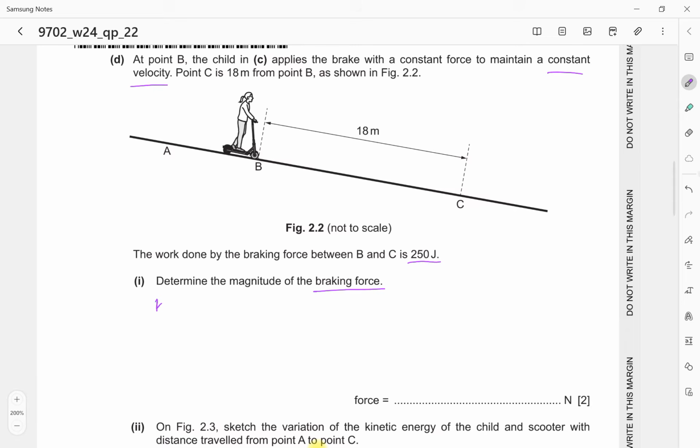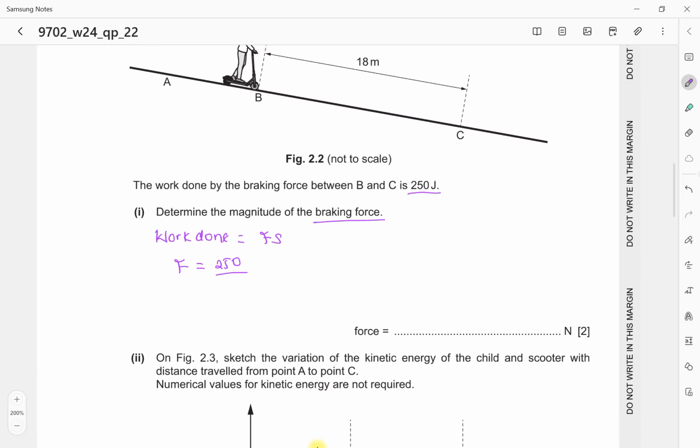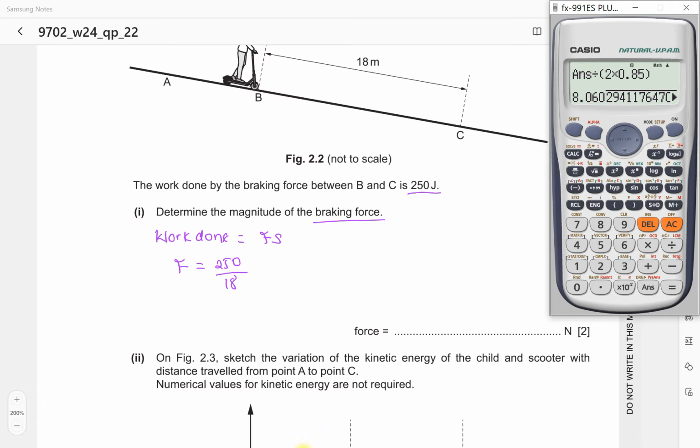So of course, we know that the work done equals the force times the displacement in the direction of the force. So the force is going to be the work done, which is 250, divided by the displacement. I think point C was at 18 meters, so this is going to be divided by 18.